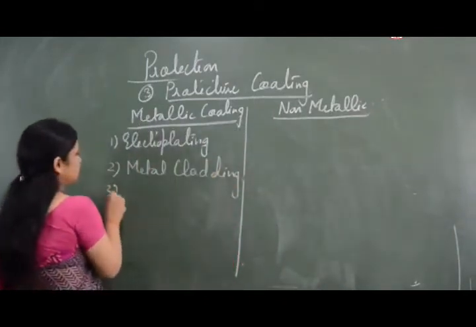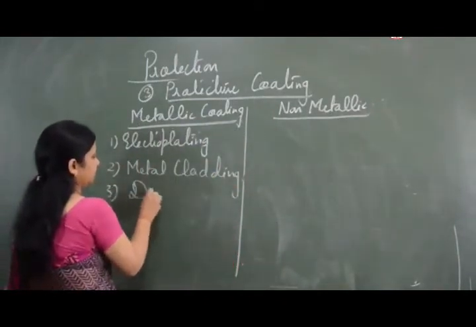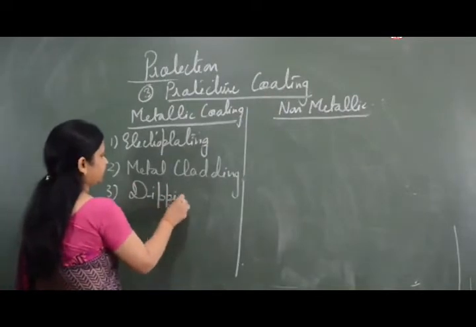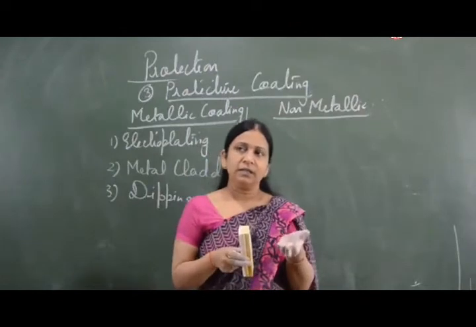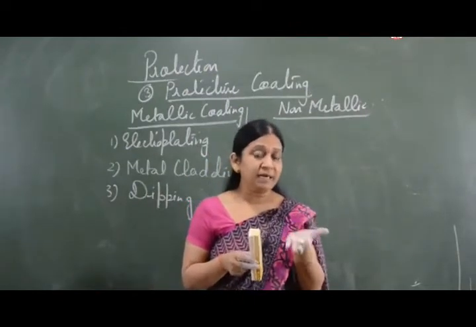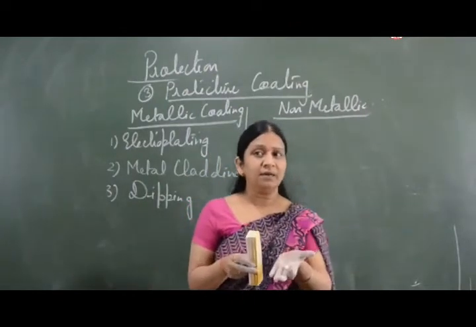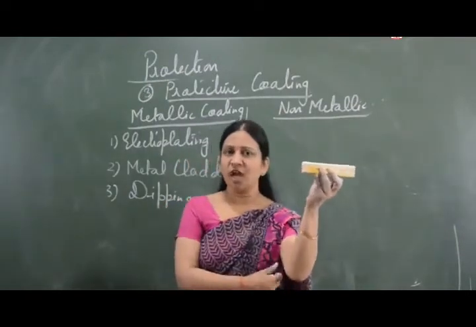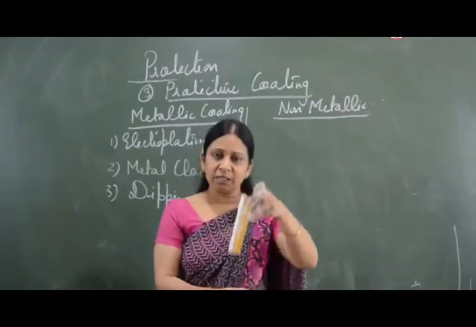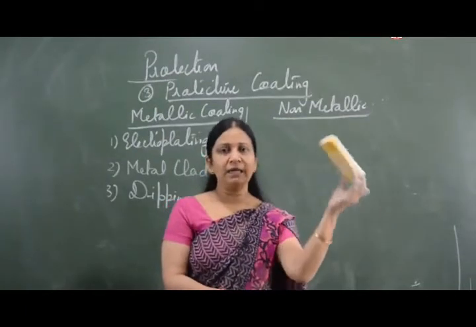The third is dipping. What we do here is the coating metal is taken in liquid state, and the metal which we have to protect is dipped into that coating metal and taken out.